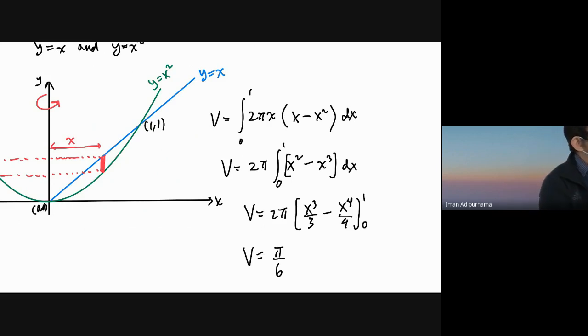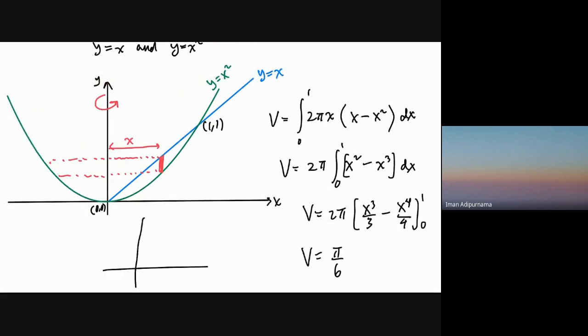So you have several options now, right? You can use this method in some way. You can also use the washer if it has a hole, and you can also use this cylindrical shell method. If you look here, the shell method can be used on more curves. Because if you have a curve like this, and you need to rotate through here, definitely you need to use the shell method.